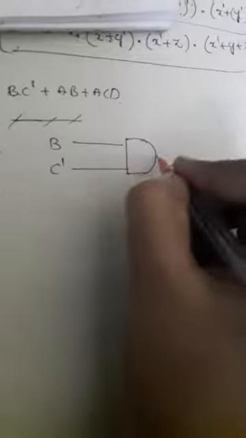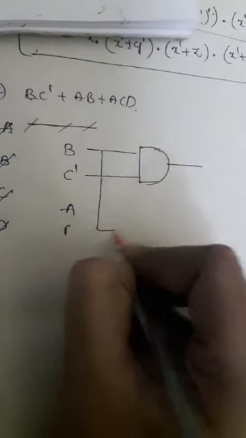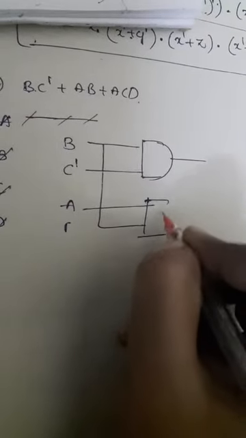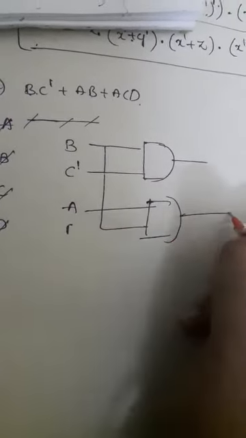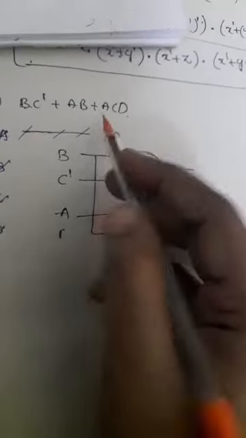In between these two variables we'll have the product, that's why I take an AND gate. And the next one is AB. B we already have here, so I can take it from this, and A is here. In between these two we'll have an AND gate again, the product. And the next one is ACD.